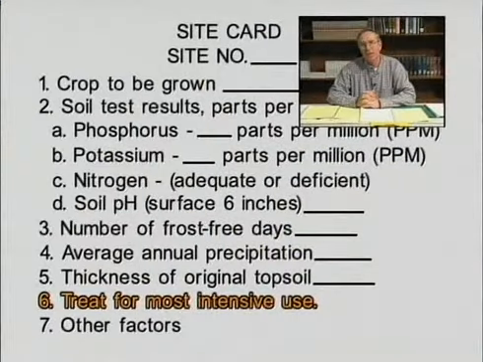There's a statement there that says treat for most intensive use. That is put on there more than anything else for the purpose of using this as a judging contest. It's really not going to affect our evaluation of that site very much. But I mention it because it is on the card, but it's not a criteria that we will really take into consideration.